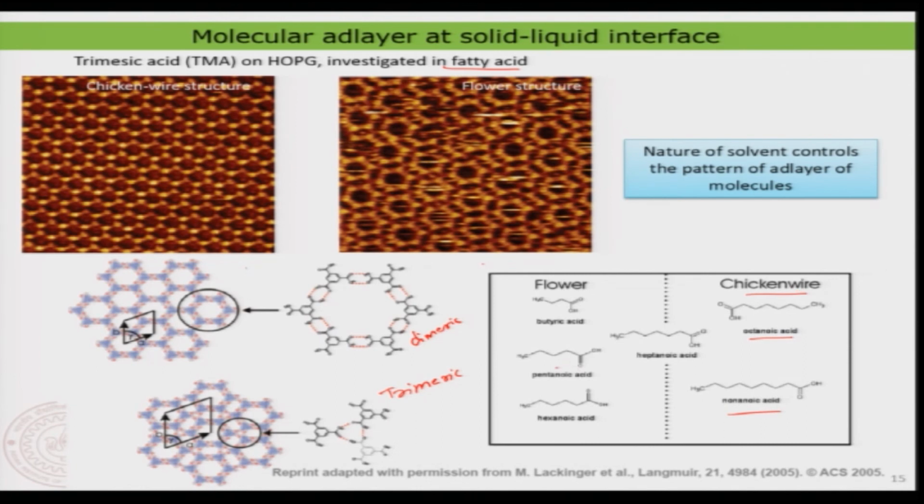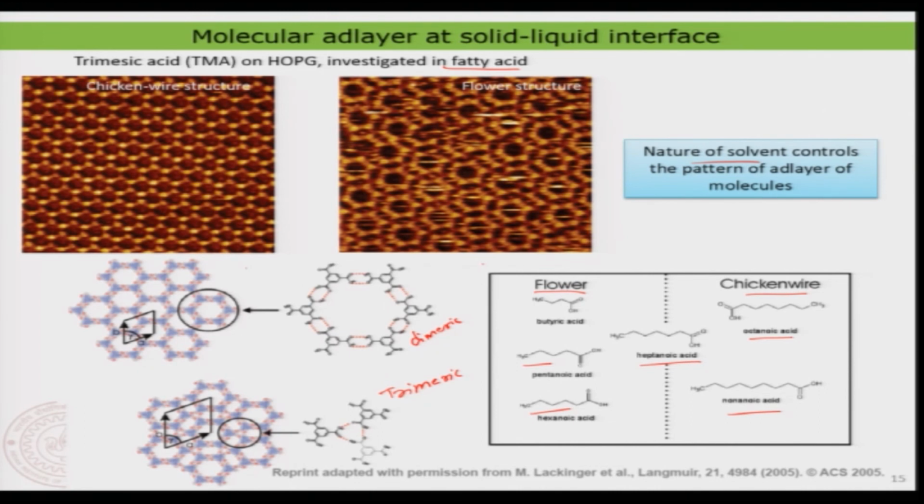And if you use smaller alkyl chain length fatty acids like pentanoic acid, hexanoic acid and so on, then you would find that the flower structure is the most preferred one. And somewhere in between, at the borderline between these two, with heptanoic acid, you find a mix of both chicken wire and flower pattern. So, you clearly see the nature of the solvent is playing a very crucial role in controlling the type of adlayer pattern that you form on the surface.